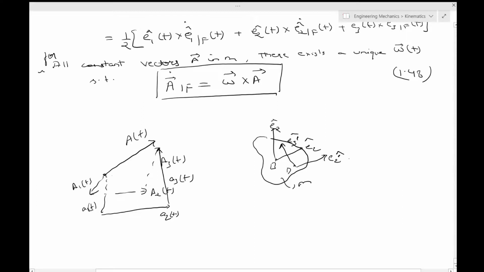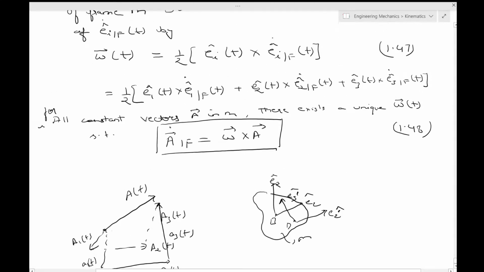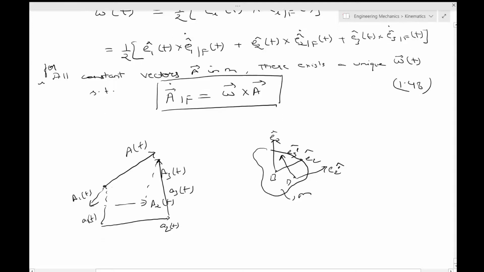Okay. So I hope this visualization is clear. Please relate the capital A's and the small a's. Okay.